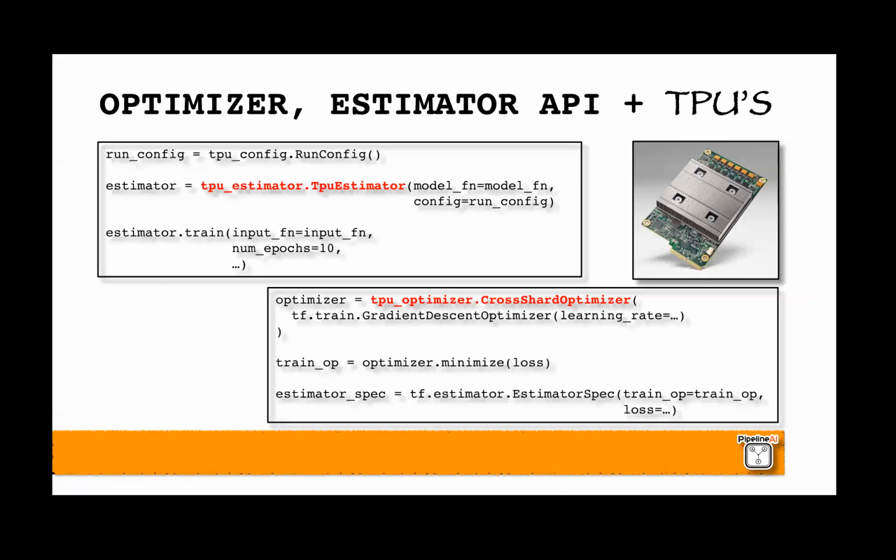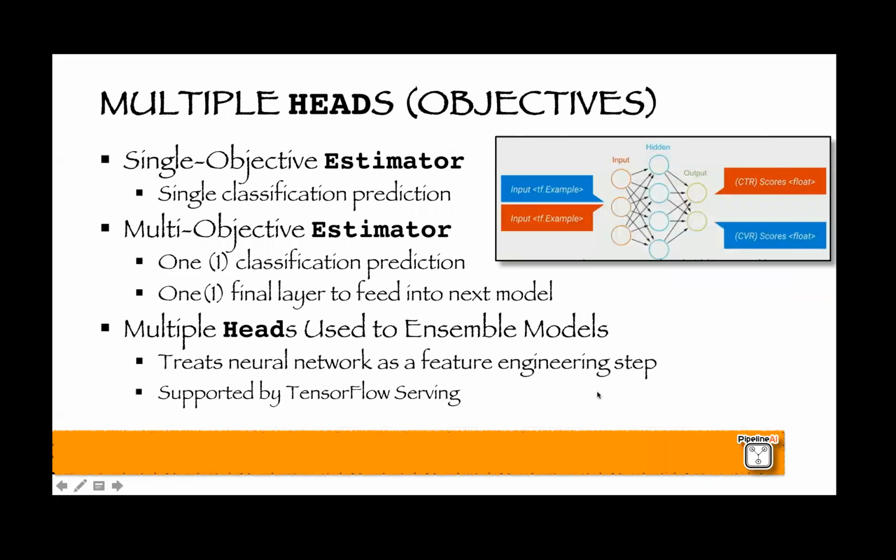Instead of doing gradient descent optimizer like we did before, you have to wrap it in this TPU optimizer, cross shard something something optimizer. Then you have the same code where you're minimizing the loss. Just know that there are starting to be TPU-specific things in there in anticipation of a public release of TPUs, which I'm sure will happen sometime next year.